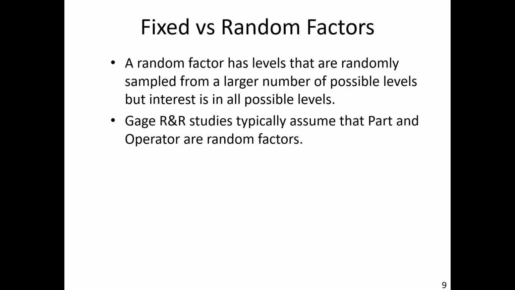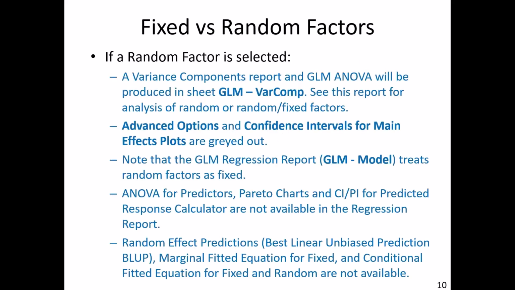That wouldn't be a random factor. But typically you have many operators and you're taking a random sample of 3 from all possible operators, or you're taking a random sample of parts from all possible parts. But you're interested in the variability that speaks to the entire population.